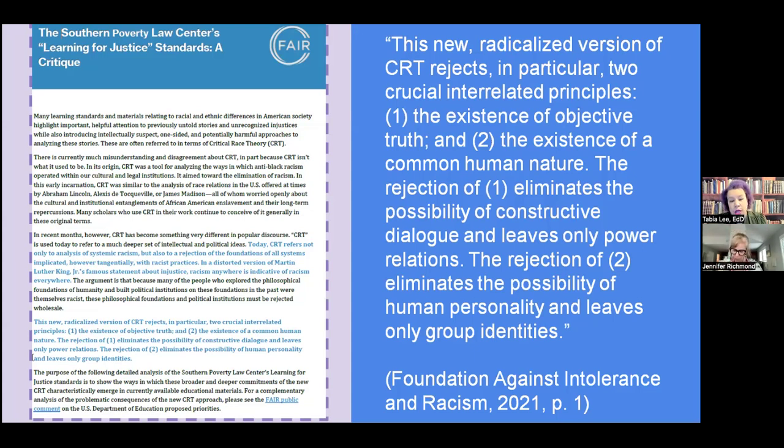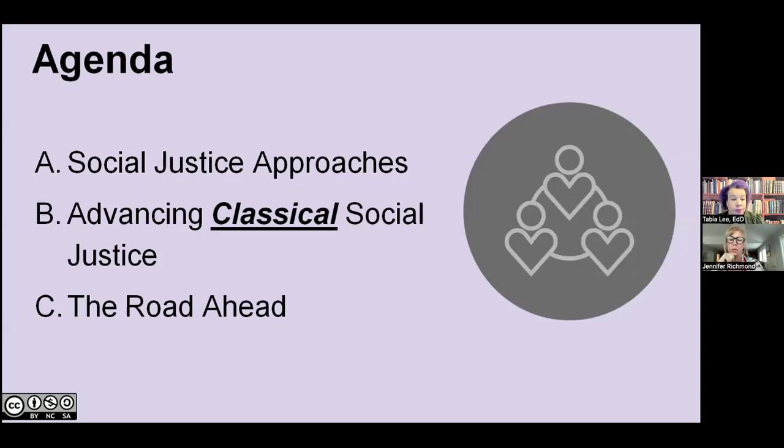And these are some of the many reasons that a counterpoint is definitely needed to these standards, and why I was inspired to create the empowered social justice standards so that teachers have an alternative pathway to introduce social topics to students in ways that are not dehumanizing and degrading in the way that the so-called social justice standards developed by Southern Poverty Law Center are.